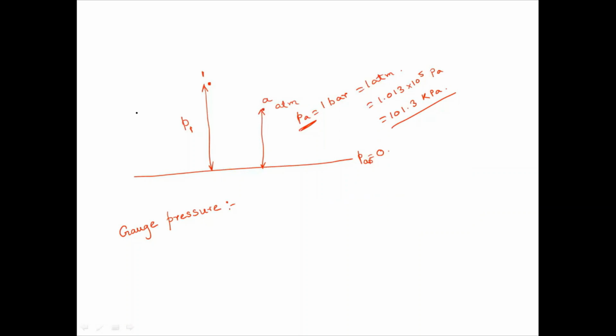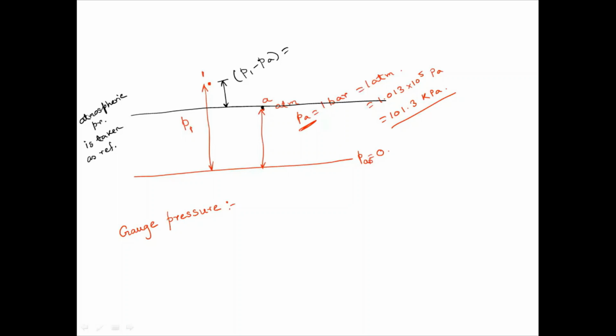If you take this atmospheric pressure as a reference, then at point 1, what is the pressure? With reference to the atmospheric pressure, the pressure is P1 minus PA. So this pressure is known as the gauge pressure.